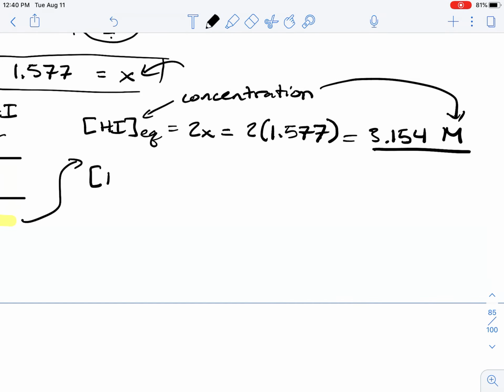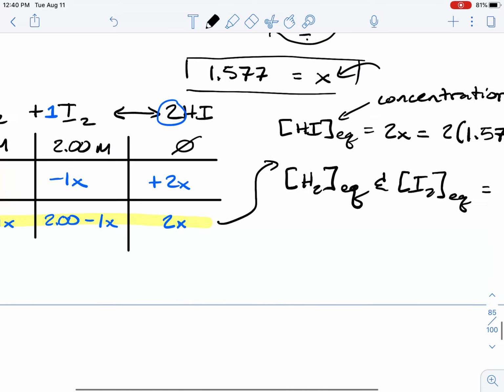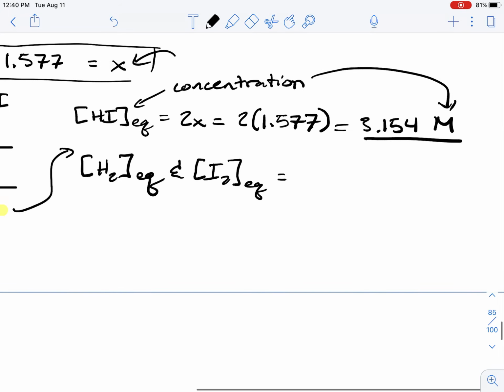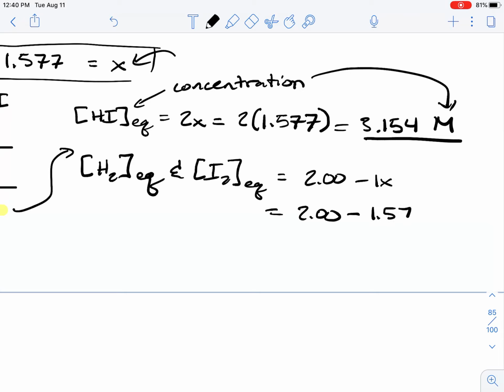So the equilibrium concentration of H2 and the equilibrium concentration of I2 is defined as 2 minus 1x, or 2.00 minus x. So that's going to be 2.00 minus 1.577.